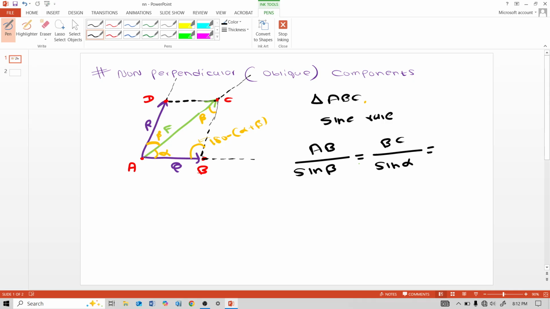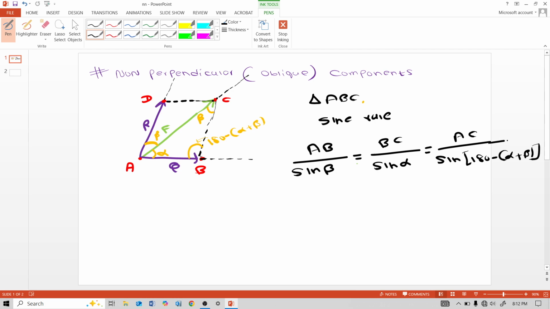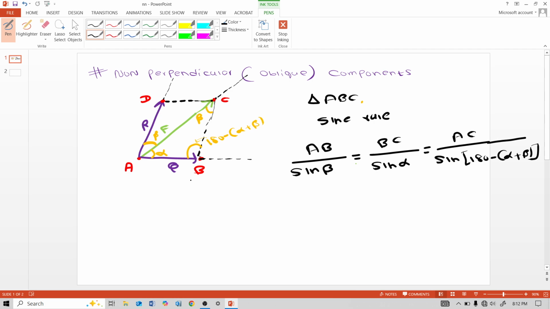Next, consider side AC. The angle opposite to AC is 180 minus (alpha plus beta), so sine of 180 minus (alpha plus beta). Remember that sine of (180 minus theta) is equal to sine theta.